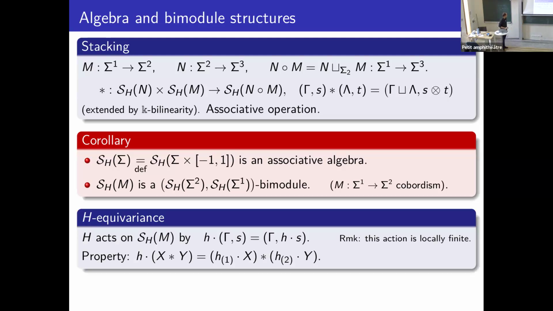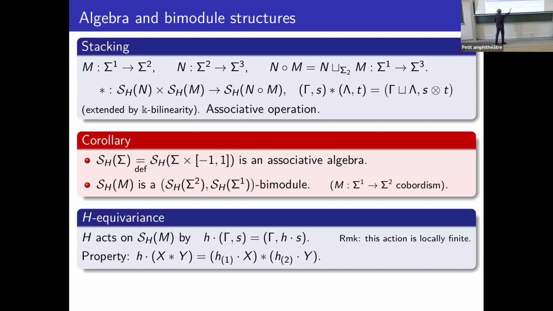Moreover, you have H-equivariance, because you see that H acts on states, because we say states are elements of an H-module. When you have two H-modules, their tensor product is again an H-module, and the dual is also again an H-module. So since the states belong to tensor products of H-modules and their duals, a state is actually again an element of an H-module, and then you can act on states.